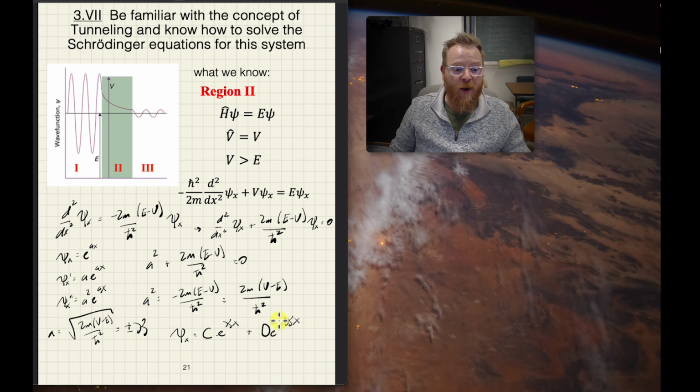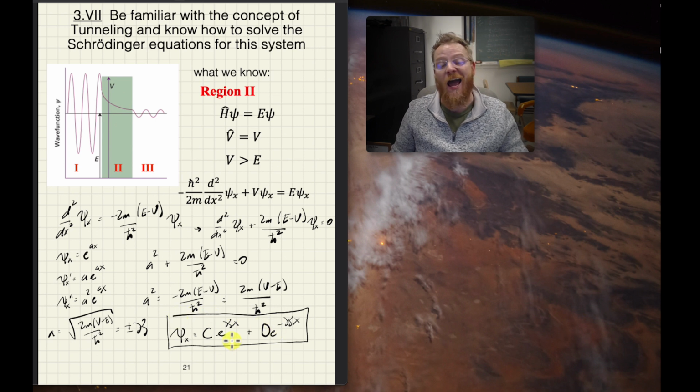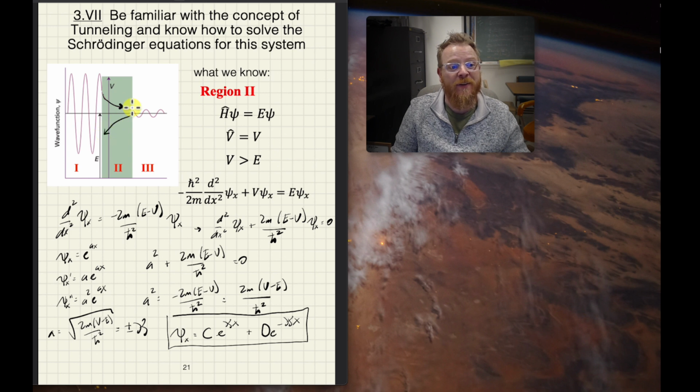And so now this becomes our solution in region 2, which, as you can see, is describing this exponential. We have an exponential decay, right, describing the transmitted particle. But we also would have something analogous to exponential growth, which, I know, looks kind of goofy and backwards here, but that would describe the reflected wave within the barrier.